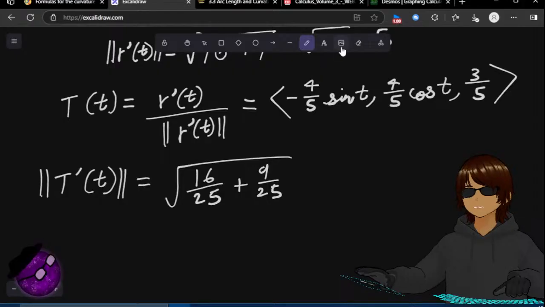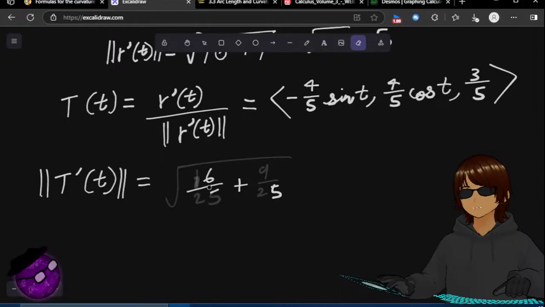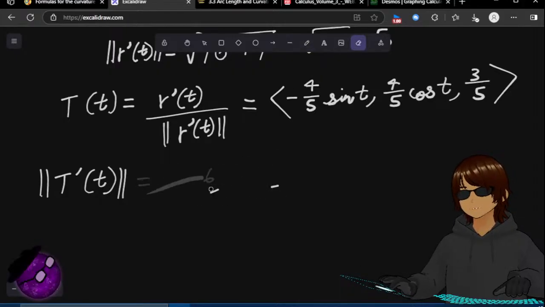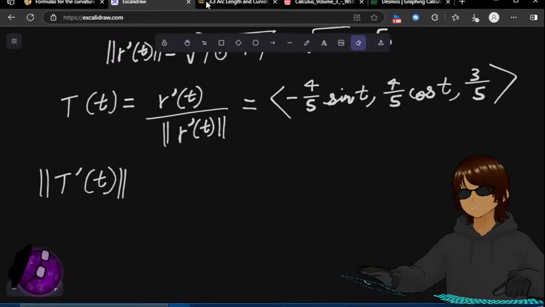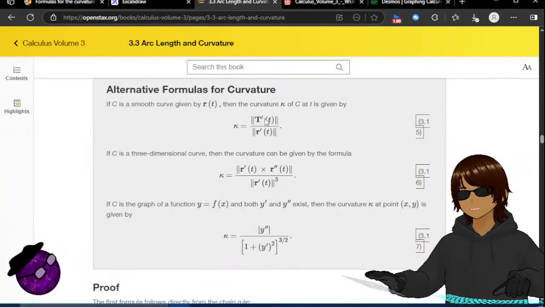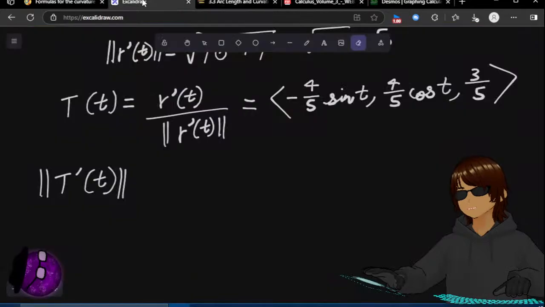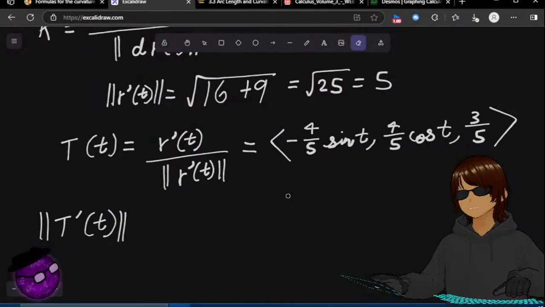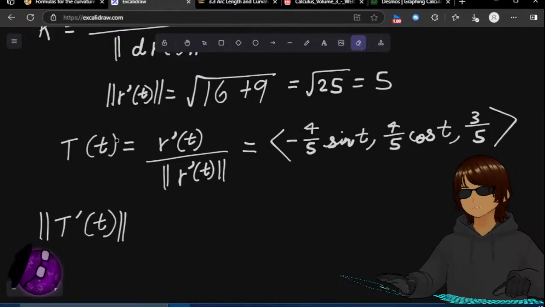Oh wait, it's a tangent vector. Why? I don't know why. Wait, hold on. Wouldn't the length of this always be 1? So shouldn't this be 1 over the derivative of r? No, hold on. The length of this would be 1.